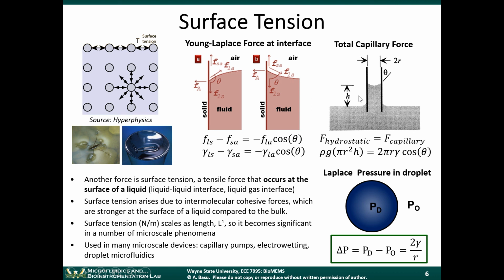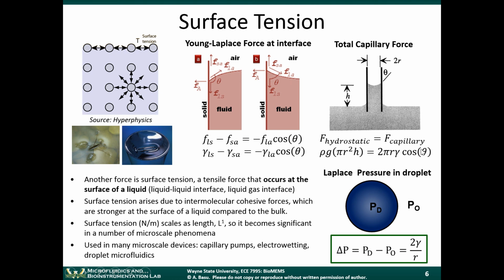That's weight. Right? So the force is equal to the mass times the acceleration. The mass is pi r squared h, the volume, times the density. So there's your mass, multiplied by the acceleration, gravity. So this is literally the weight of the water in the capillary.